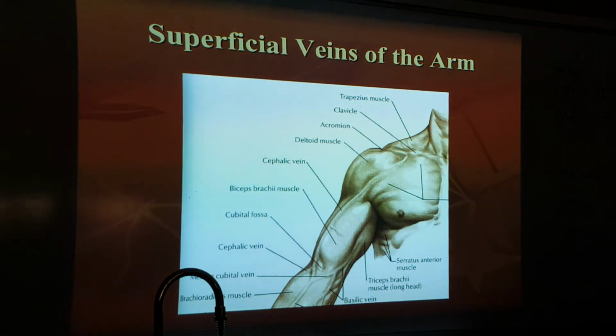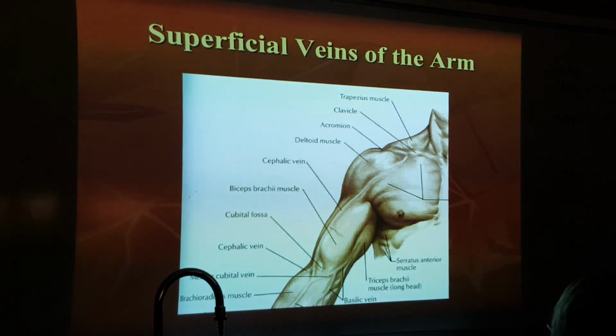This one's not bad because it's out of Netter. If you've ever seen anybody really buffed up, you've seen these superficial veins. And this is the cephalic vein. Superficial veins have words you've never heard of before. Deep veins have anatomical words like axillary and subclavian.